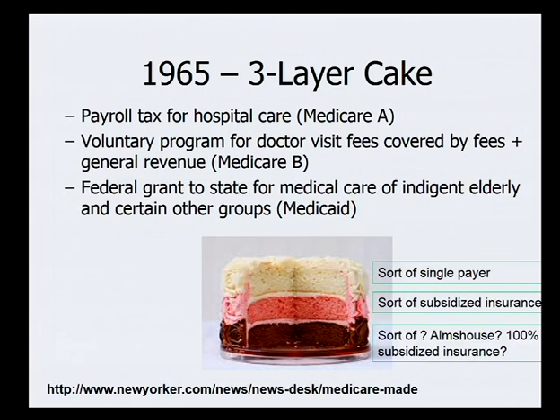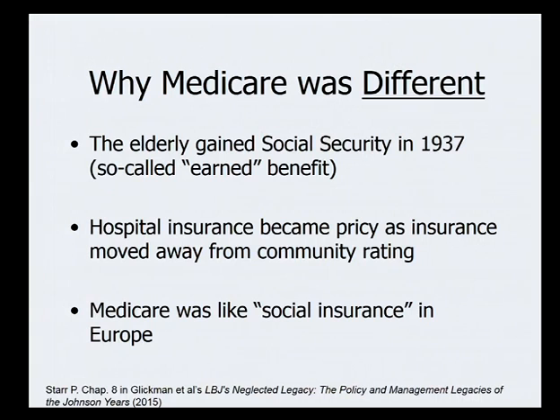It's kind of like insurance, which is what many doctors are more comfortable with. And finally, a federal grant to states that was going to be a lot bigger for medical care of the indigent elderly and certain other groups, an extension of that Kerr-Mills Act, Medicaid. Sort of 100% subsidized insurance, sort of an almshouse. That's the third layer. Medicare was clearly seen as a different thing.